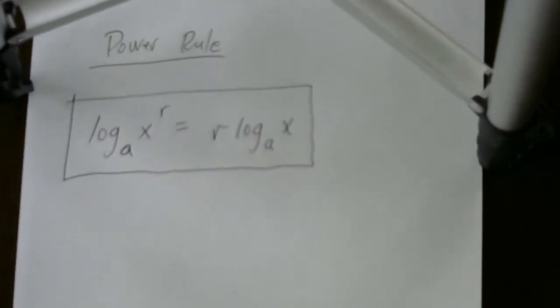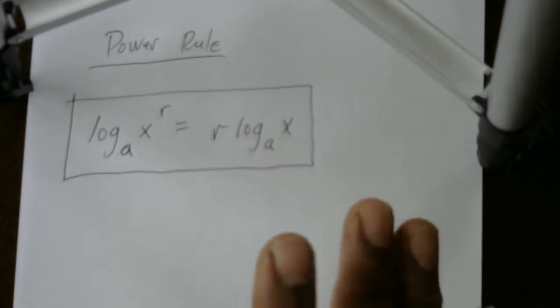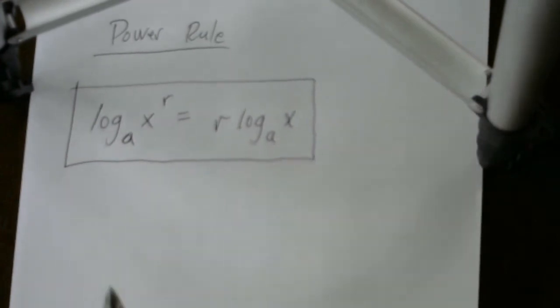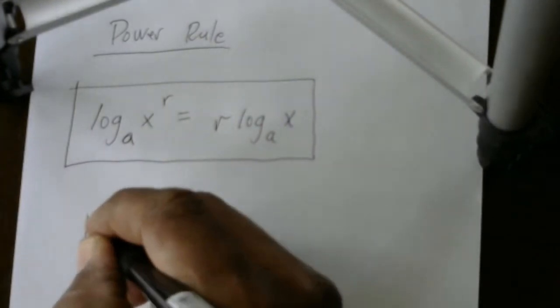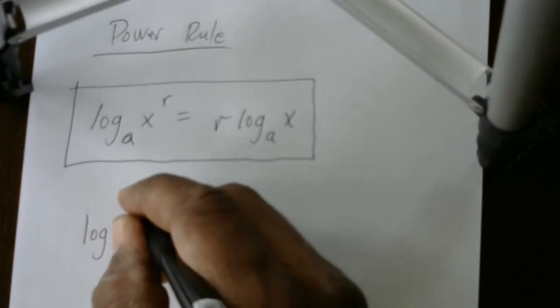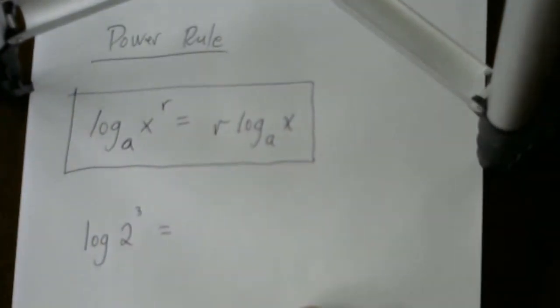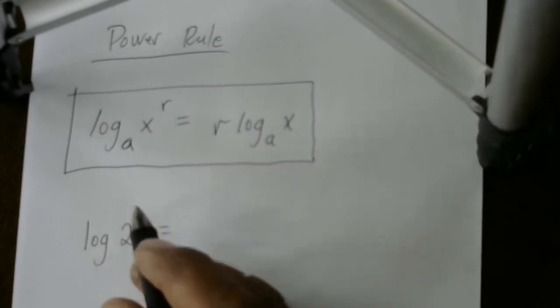All right, so I'm going to use that same 8 that we've been using. I'm going to write 8 as an exponent. I'm going to write 8 as the log of 2 raised to the third power. Right? 2 to the third power is 8.